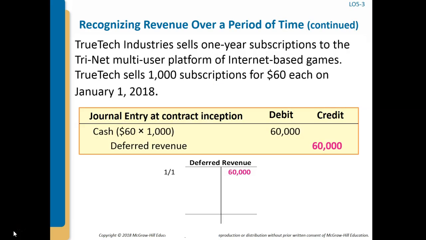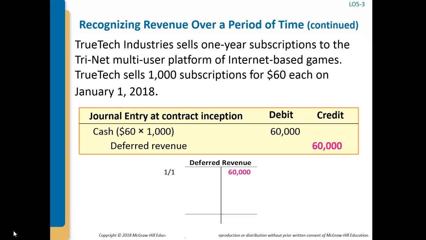For example, assume True Tech sells one-year subscriptions to the TriNet multi-user platform of internet-based games. True Tech sells 1,000 subscriptions for $60 each on January 1st of 2018, and the subscriptions start immediately.